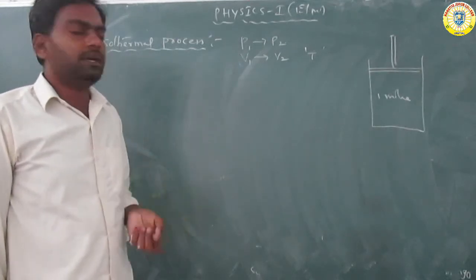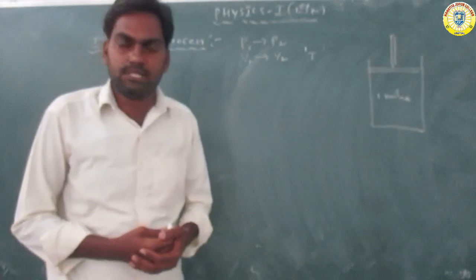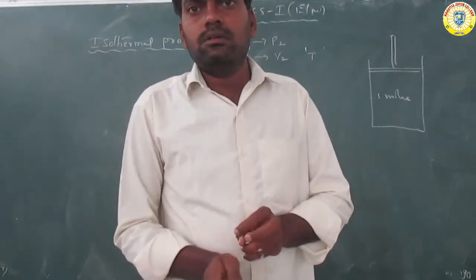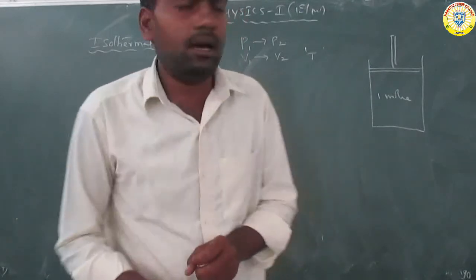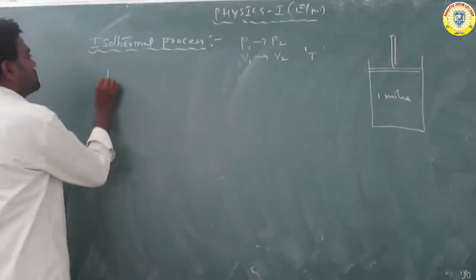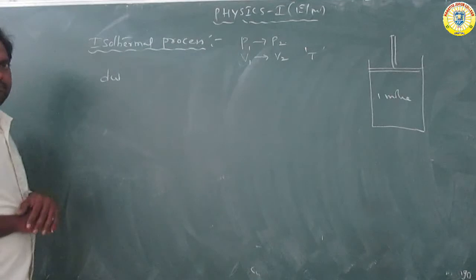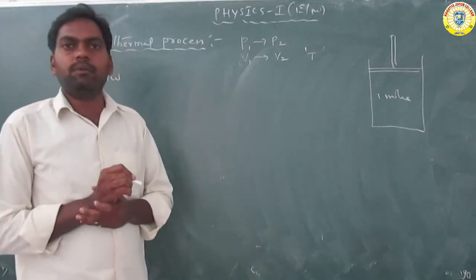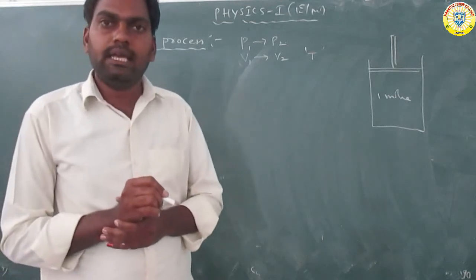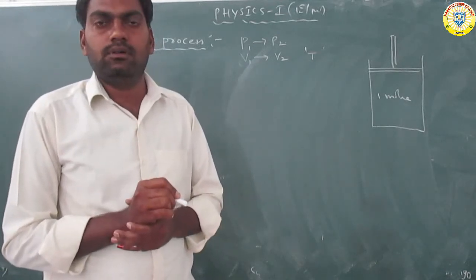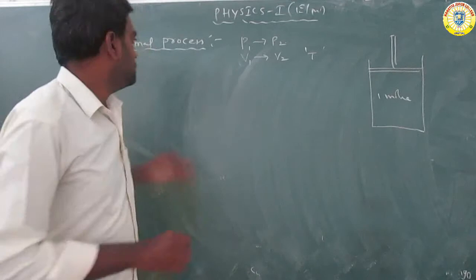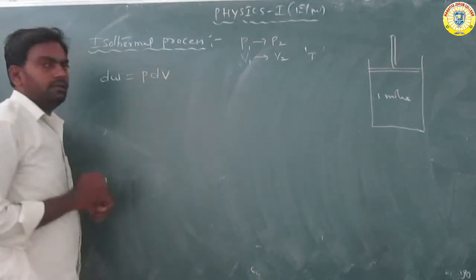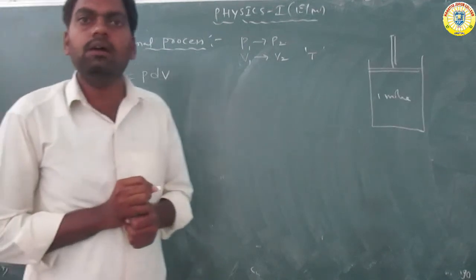Now we take a small extension, that is a small change in volume dV, so there is a small amount of work done dW due to the extension dV. So dW is equal to P dV.